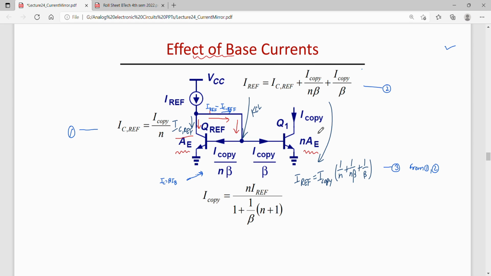So copied current, that is I copy, will be equal to N times the current drawn by the collector of this transistor, that is N times IC ref. Okay. Or from here I can write IC ref as I copy by N. Okay. IC ref is I copy by N. Let us say this is my equation 1.